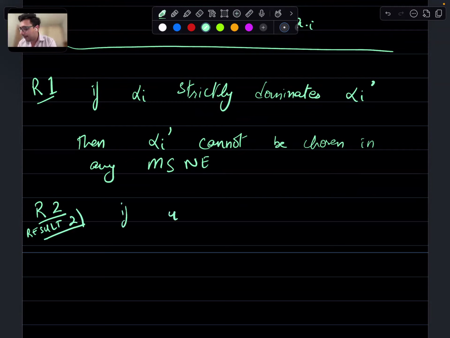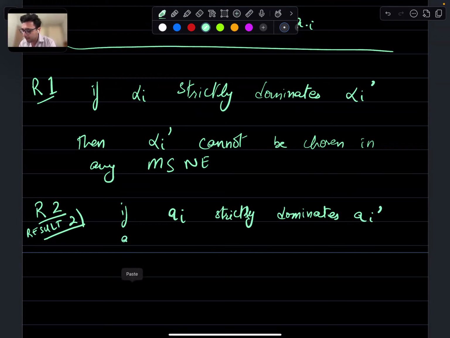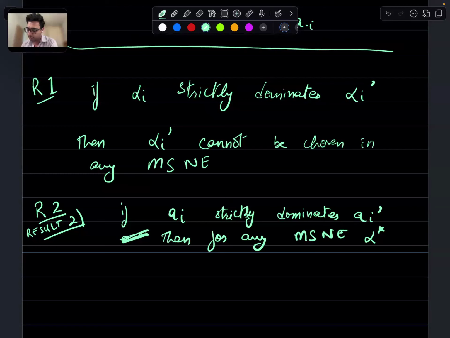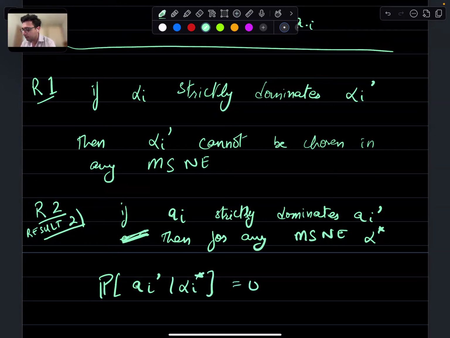Okay, R2 is result 2. If AI strictly dominates AI prime, then for any MSNE alpha star, so suppose alpha star is a mixed strategy Nash equilibrium, the probability with which AI prime is chosen according to alpha I star has to be equal to 0.